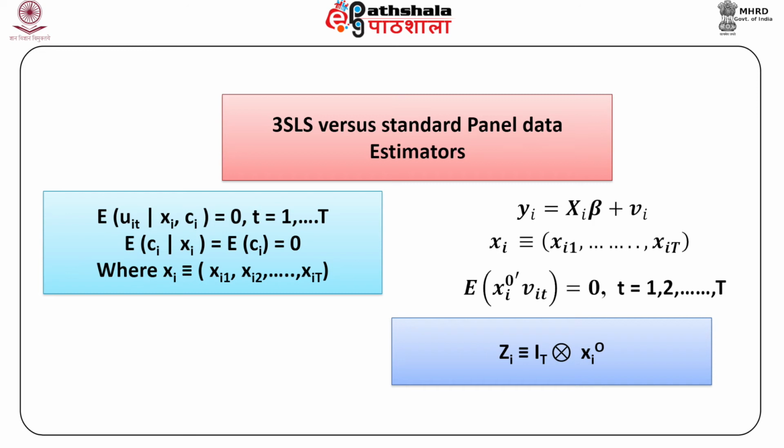This orthogonality condition suggests a system instrumental variables procedure with the matrix of instruments Z_i equal to I_T Kronecker product x_i^0. This is our equation 14. In other words, use instruments Z_i to estimate equation 13 by 3SLS, or more generally by minimum chi-square.